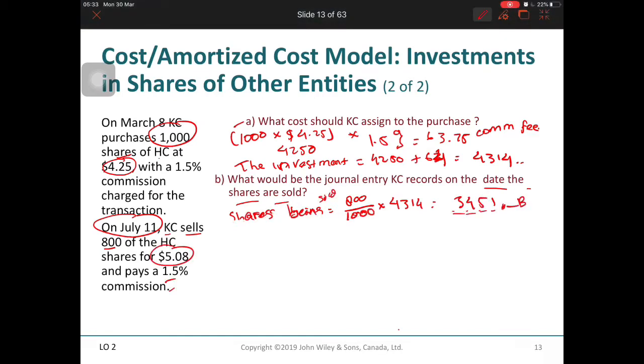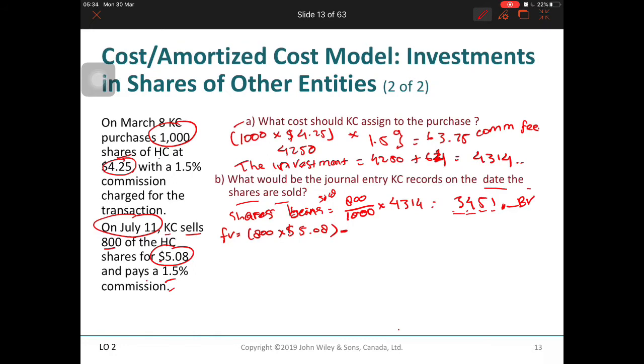This is the book value of the shares being sold. But how much is the fair value? The fair value of the shares is 800 multiplied by 5.08.